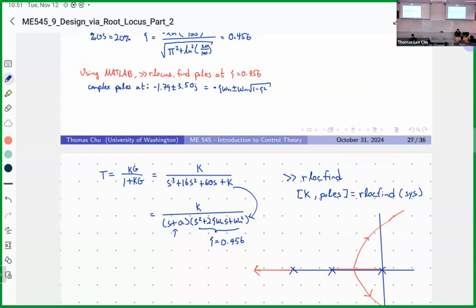So you can write a function that searches for this ratio with the corresponding damping ratio, because this is where damping ratios are constant, zeta equal to 0.456. You can write a script that looks for this intersection point. That's probably going to be zeta equal to 0.1, and then this is zeta equal to 0.9. So those lines are going to be constant. It's going to be the same across all root locus plots.